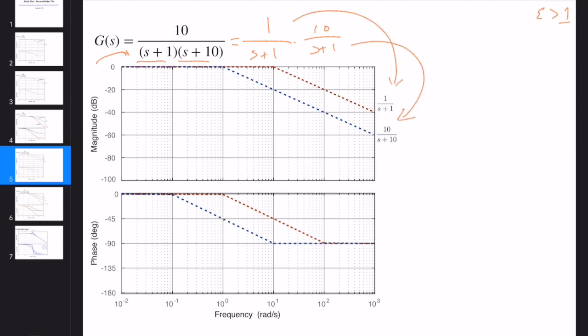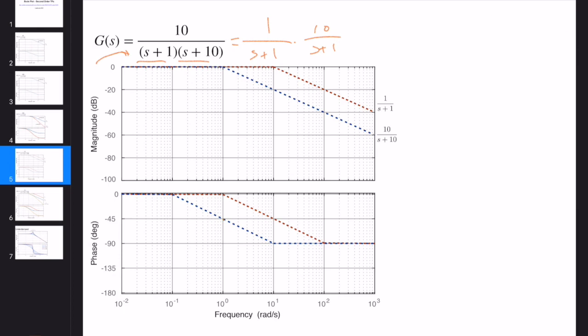Since a magnitude plot is using the logarithmic scale, the magnitude of g is simply equal to, for each omega, the following. So let's clean everything to make it easier.